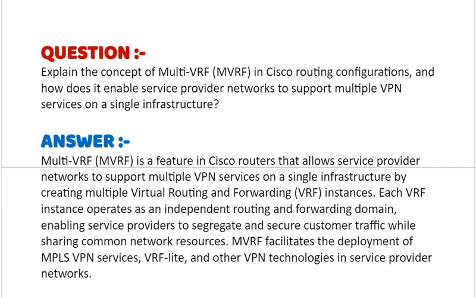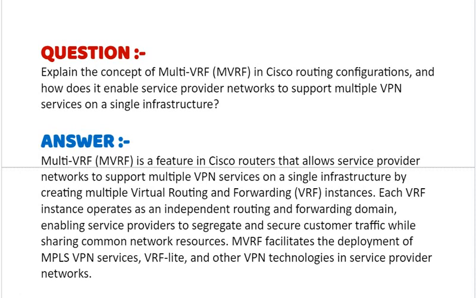Your answer should be: multi-VRF (MVRF) is a feature in Cisco routers that allows service provider networks to support multiple VPN services on a single infrastructure by creating multiple virtual routing and forwarding (VRF) instances.